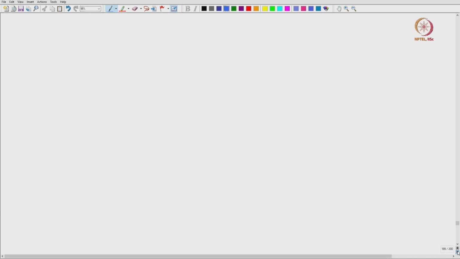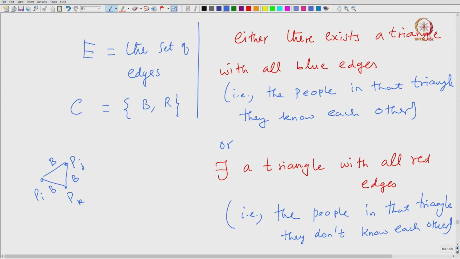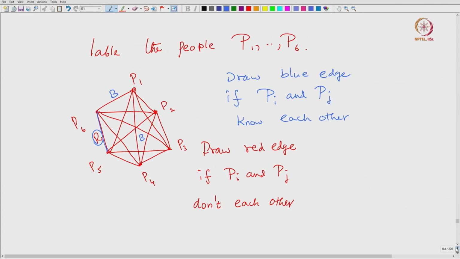Without loss of generality, we can label them P2, P3, P4, having same color. So, what we are going to do? We are going to look at this P1. So, from P1 we have these 5 edges coming out 1, 2, 3, 4, 5. So, all of them are actually labeled either blue or red. So, now we can guarantee that it should have 3 edges having same color.